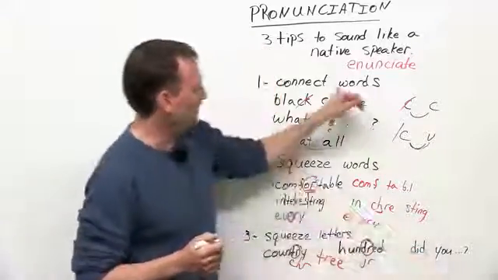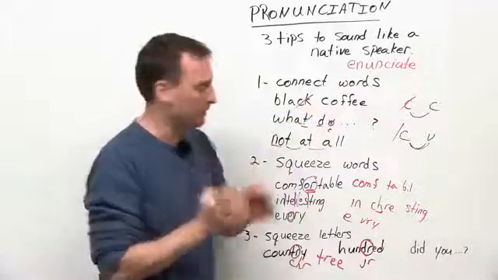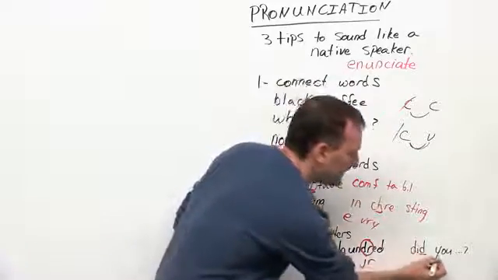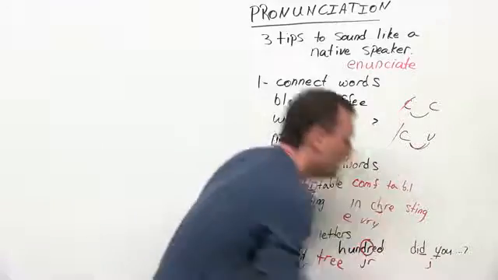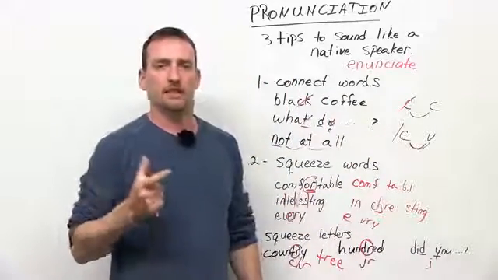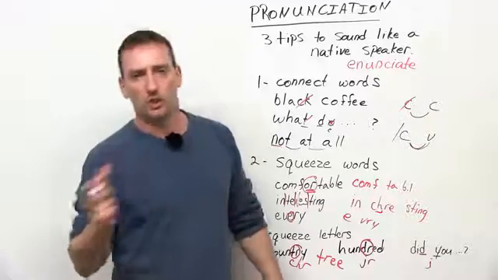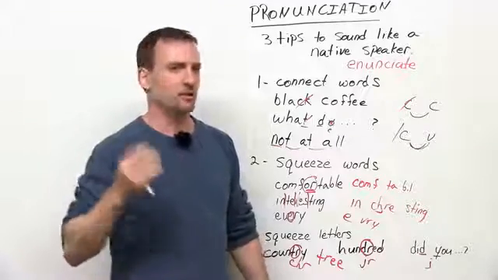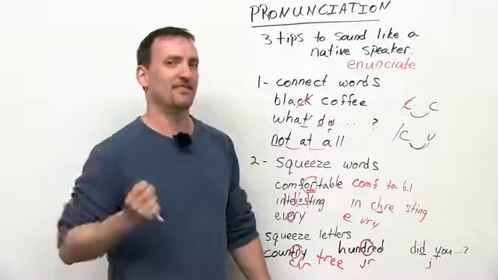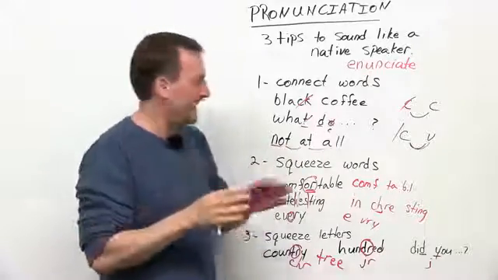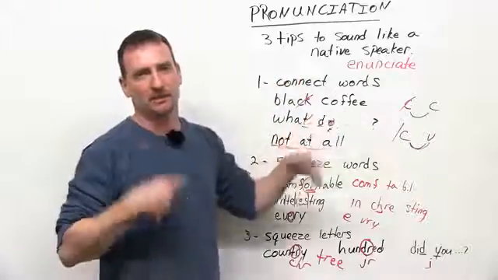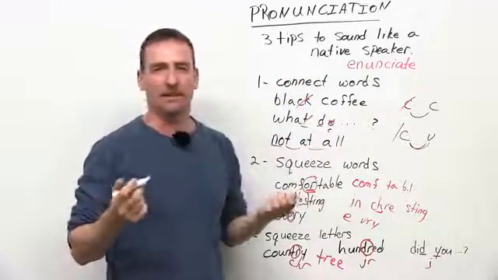Now, this goes with the first idea when you're connecting words, but when you have a D and a Y together, it becomes like a J sound. Did you? Did you do it? Did you do what I asked? Did you? Okay, so we say it like that. Very quick, very mixed, and you have to practice these because it's just more a habit than anything else.